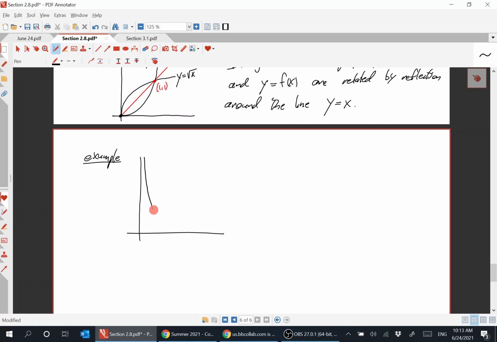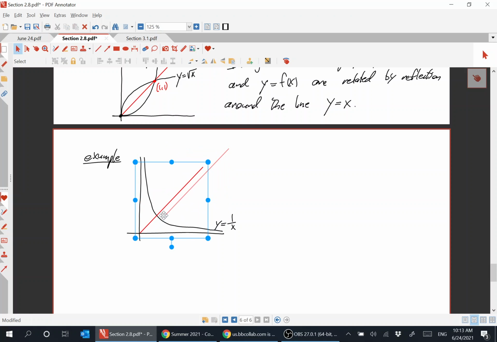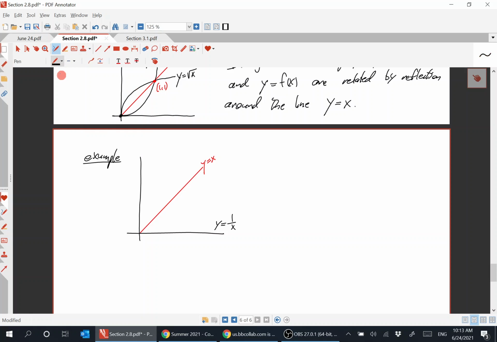So, y equals 1 over x, and then here's the line, again, that 45-degree line, y equals x. What happens if I reflect that? Now, the picture I drew doesn't really show it. Let me see if I can make it show it better. Okay, better.